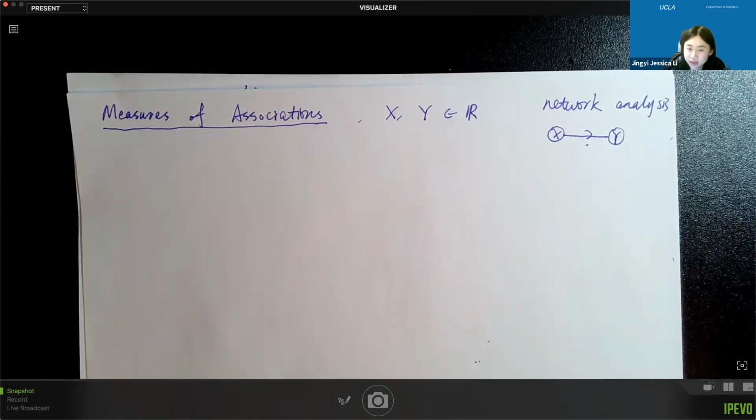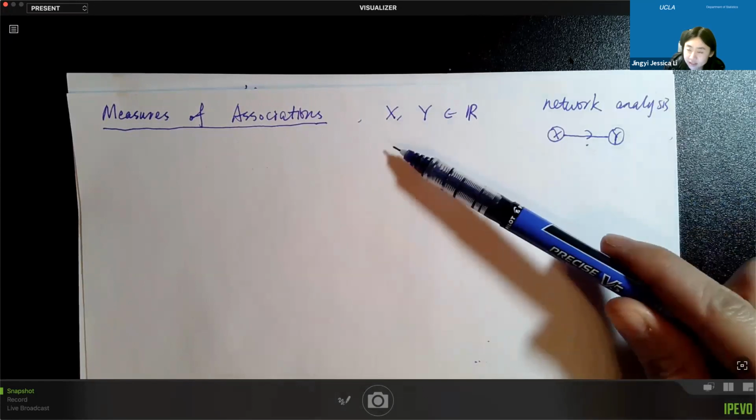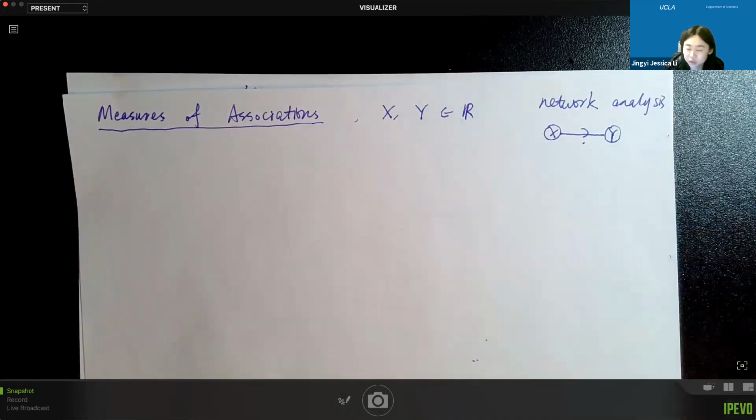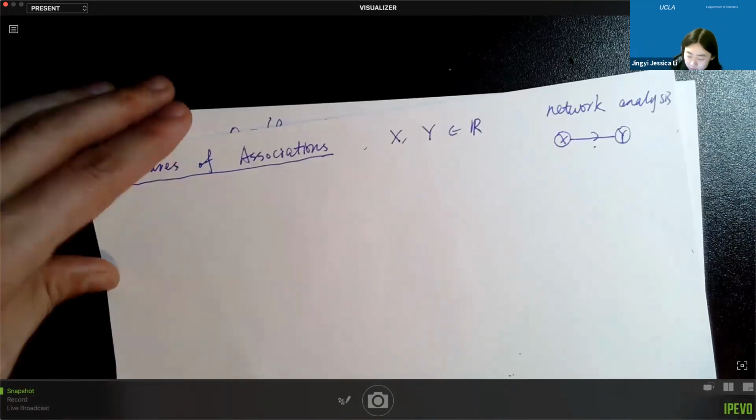Intuitively, you would think there is a strong association when X is high, Y is high, and when X is low, Y is low, right? That's our intuition. But how do we formalize this? Okay, so in statistics, we always are concerned about some underlying population, not just the sample we observe. So therefore, here the population would be what?